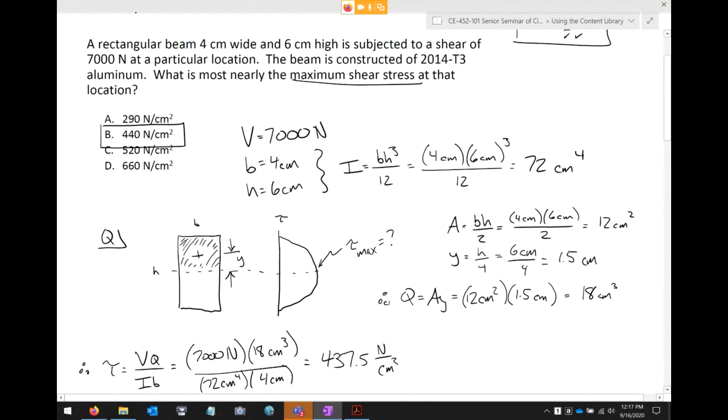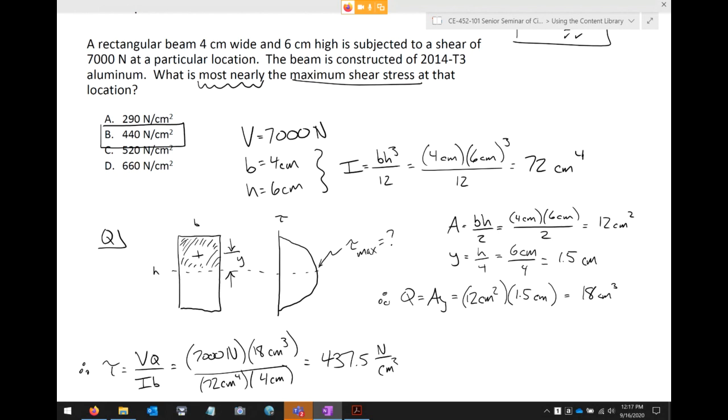440, which again, on the FE exam, one of the most common phrases that you'll see is the term "most nearly." A lot of times, I think it depends on the section. For instance, if you have a problem in the math section, like what's the derivative of x squared, it's not most nearly 2x, it's 2x.